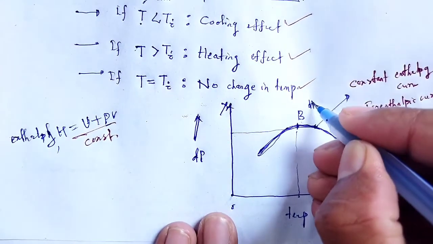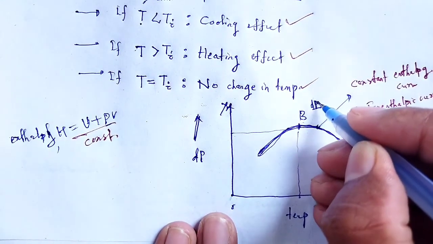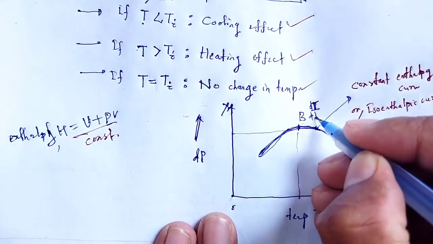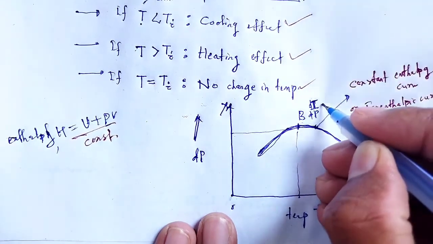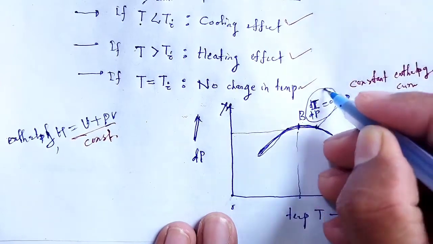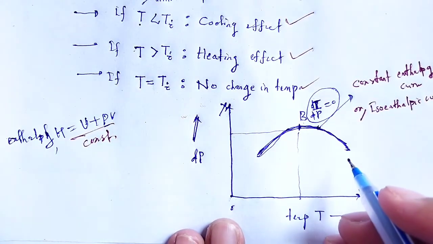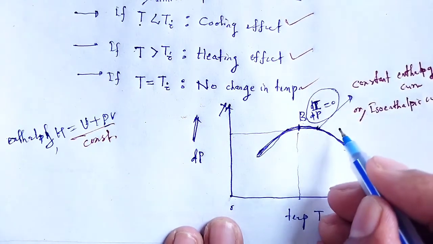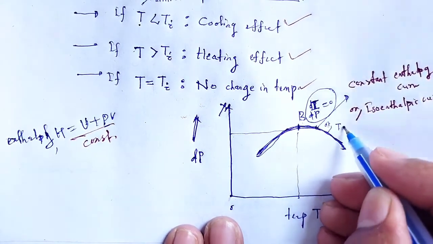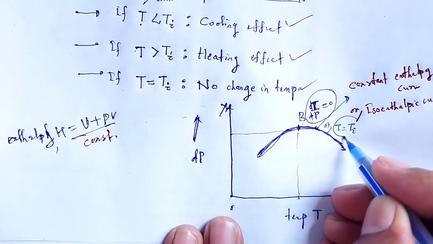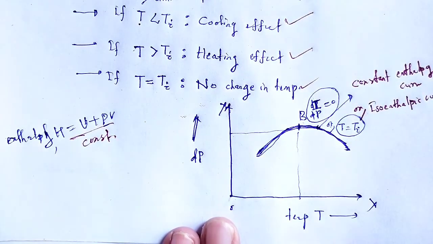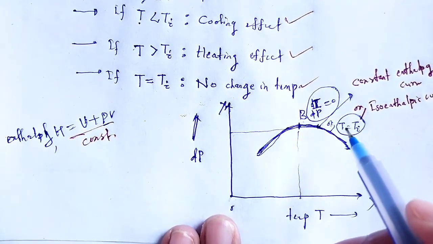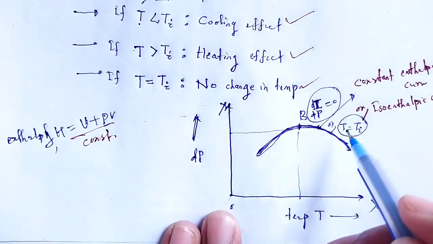dT by dP, the change in temperature with pressure, will be 0 here, or we can say T is equal to Ti at the highest point, where Ti is the temperature of inversion and T is the initial temperature.